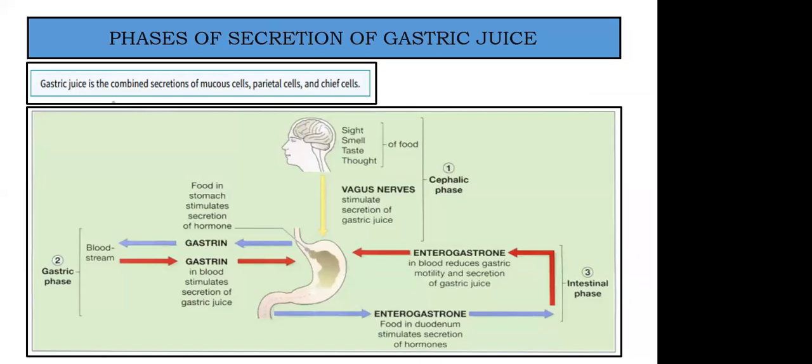Next is the intestinal phase. What happens in this phase? When the partially digested contents of the stomach reach the small intestine, a hormone called enterogastrone is produced by the endocrine cells in the intestinal mucosa. It slows down the secretion of gastric juice and reduces gastric motility.